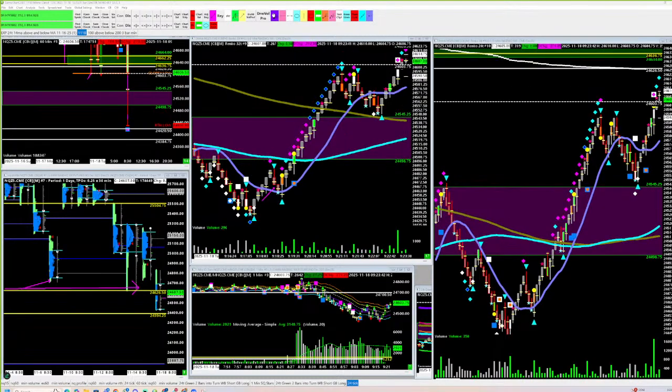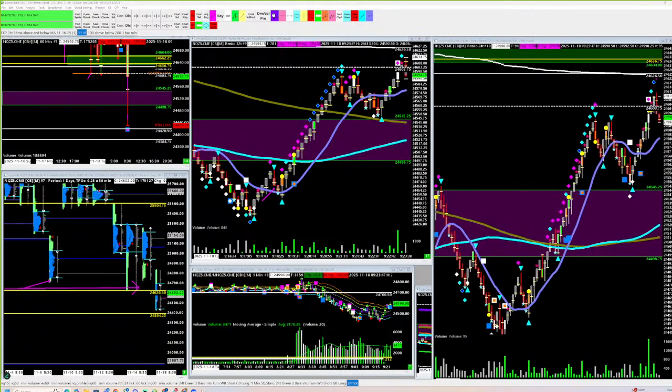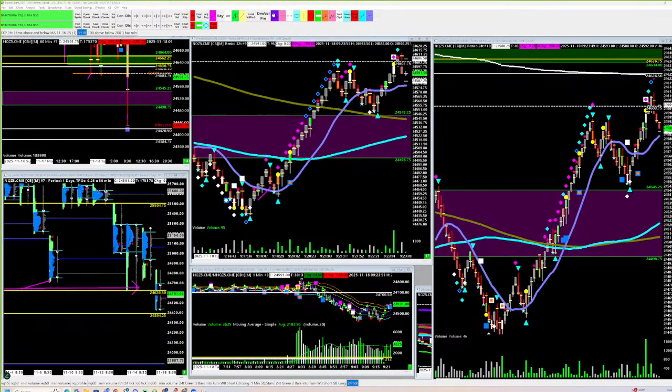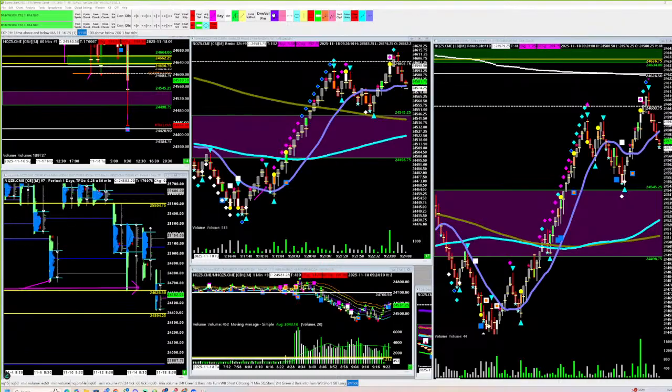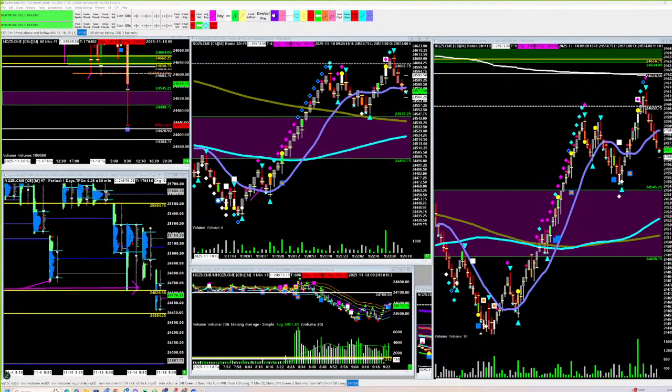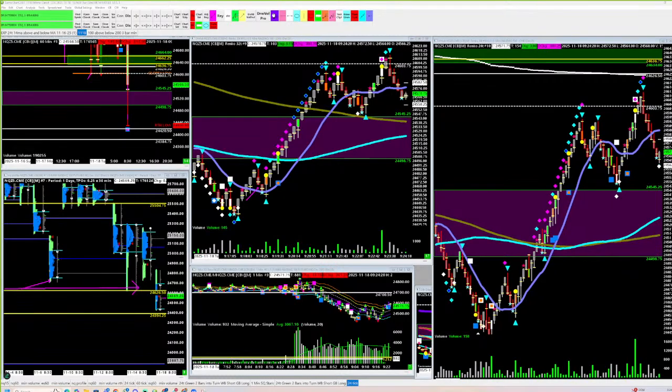I mean, that's just blindingly fast. Again, if you're uncomfortable or don't know what you want to do, just don't take the trade. Pretty simple.